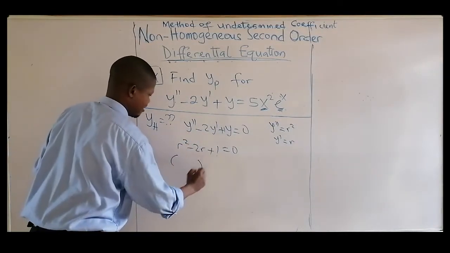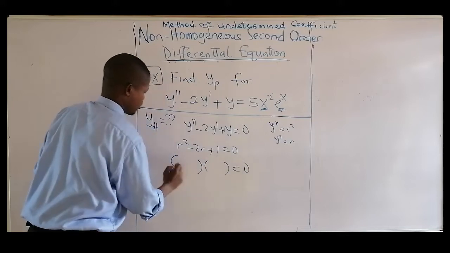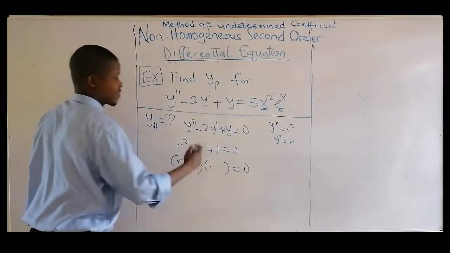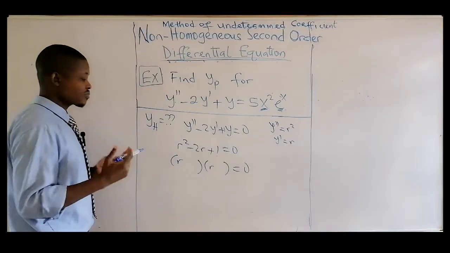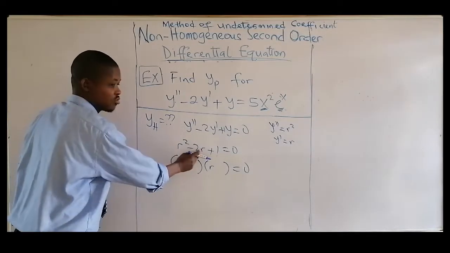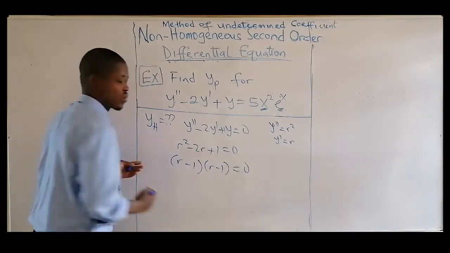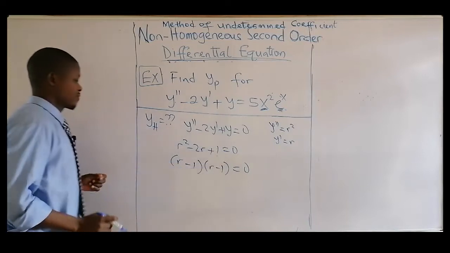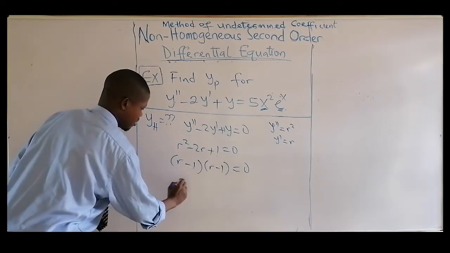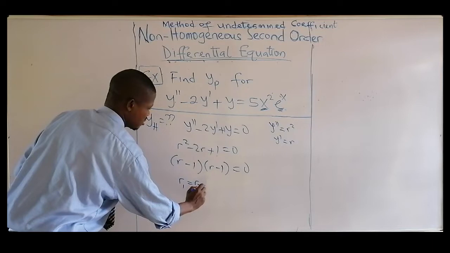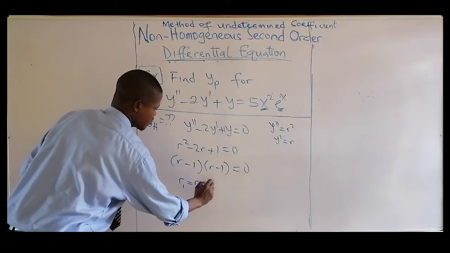So you can factorize this quadratic expression. Factors of 1 are 1 and 1. So how do you use 1 and 1 to get minus 2? That will be minus 1, minus 1, and when you multiply them, you get back your plus 1. So here you realize that r1 is equal to r2, which is equal to 1.